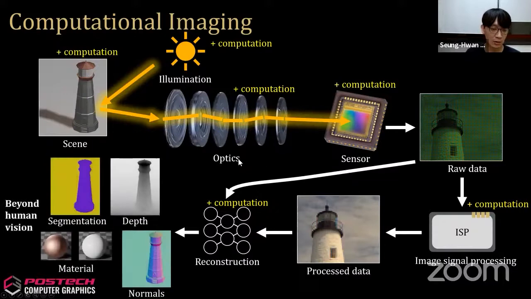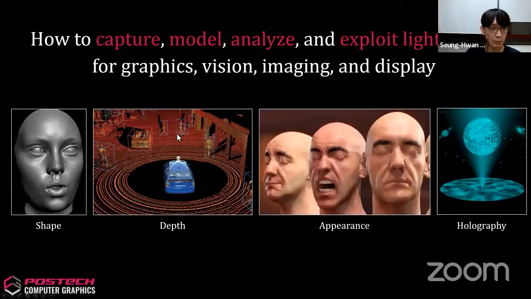The goal is to improve the accuracy of the previous reconstruction algorithms, but also to go beyond that and enable completely new applications. This field is called computational imaging. As a computational imaging researcher, I want to tackle the problem of capturing, modeling, analyzing, and exploiting light waves for graphics, vision, imaging, and display applications.